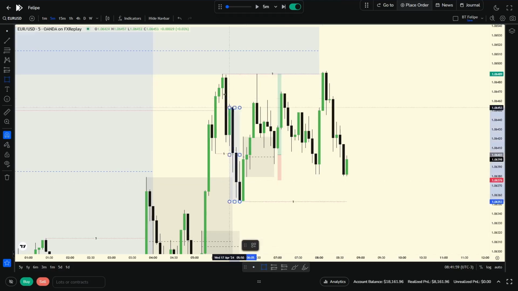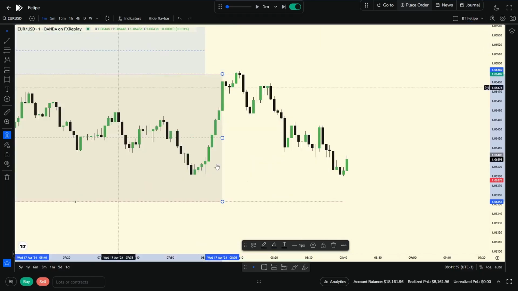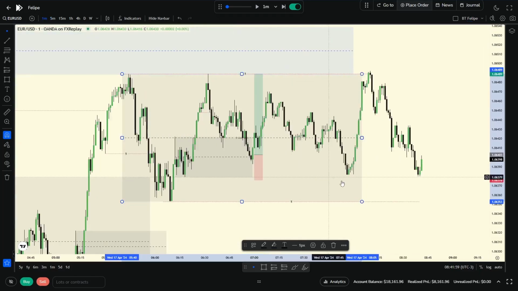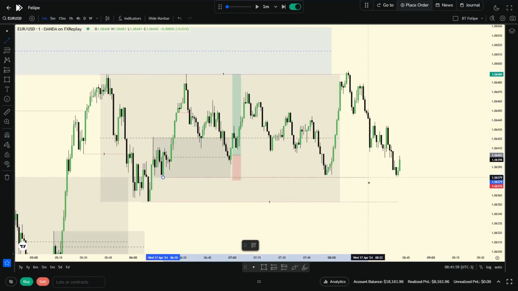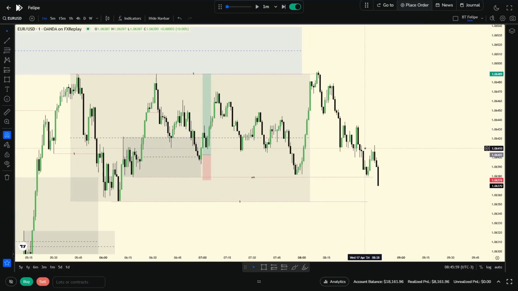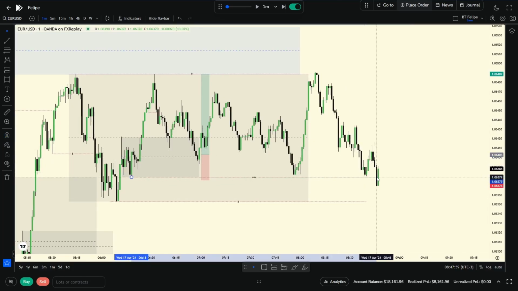The POI would be actually all of this again. This was the last liquidity which wasn't taken. Now it was taken.